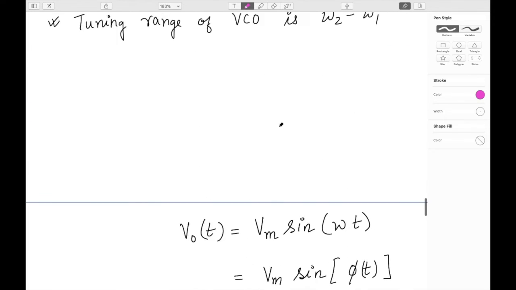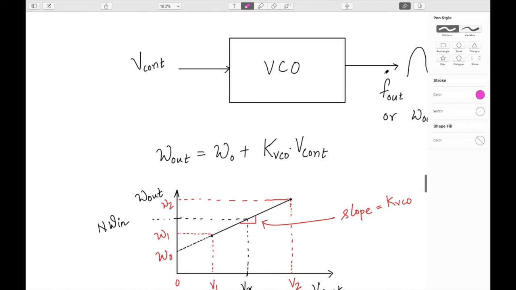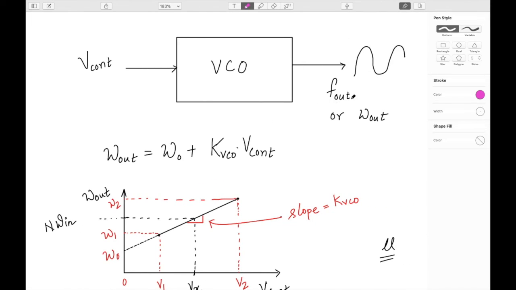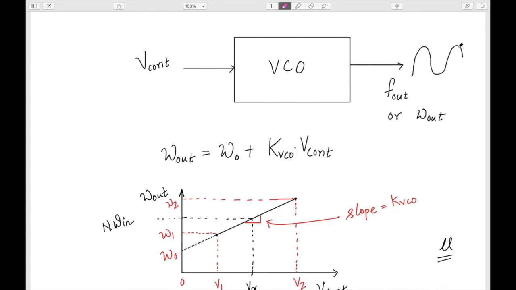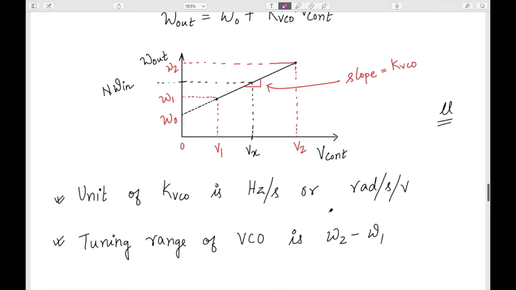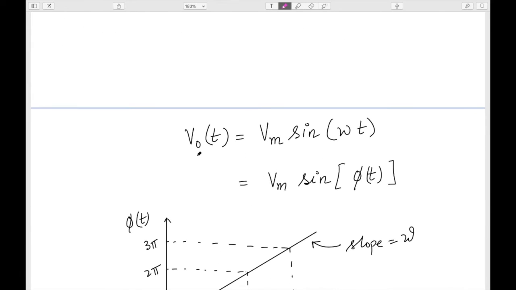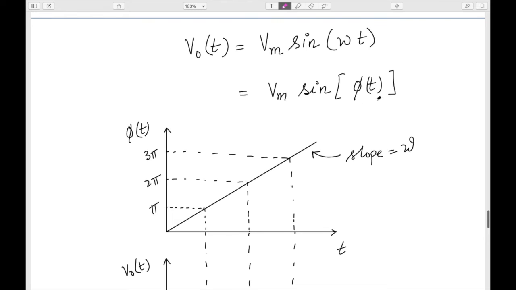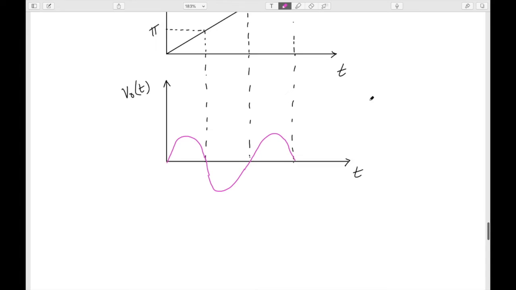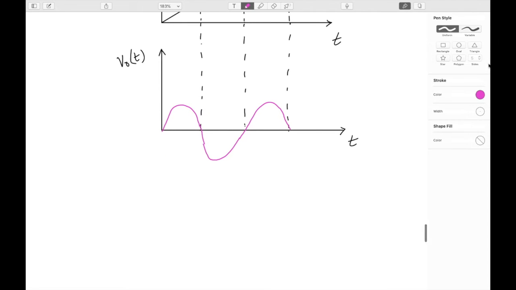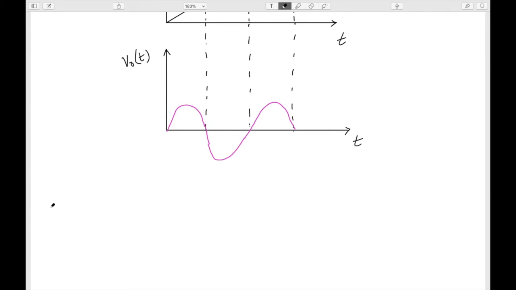This is the waveform generated by the VCO. Here I've just mentioned the frequency omega out, but the actual equation of the waveform is V naught t, with frequency omega. Now if we see this phi t, the definition of the frequency, omega, is nothing but the frequency in radians, right?